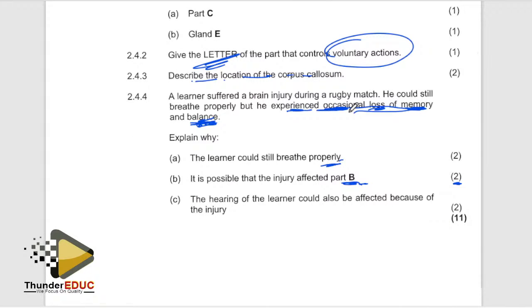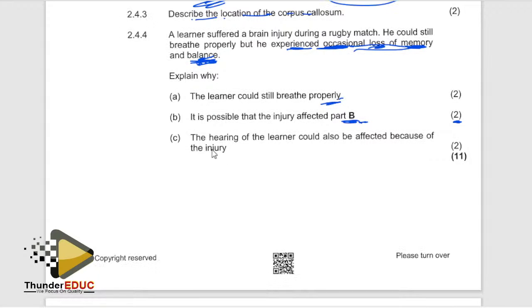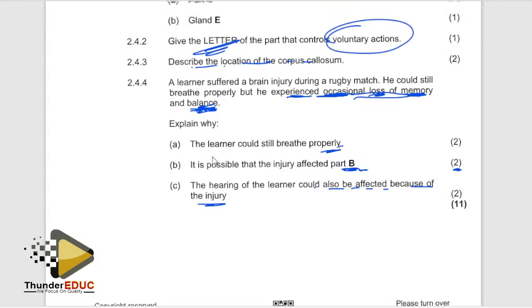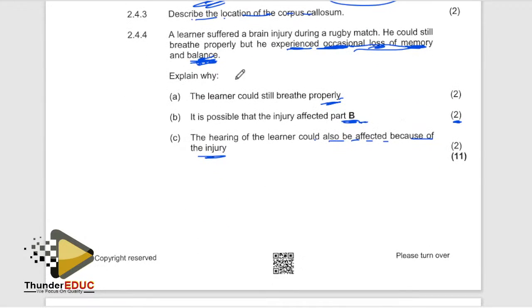Then question 2.4. The hearing of the learner could also be affected because of the injury. Yes, hearing could also be. Explain why. The moment they ask you to explain, you have to tell us exactly.